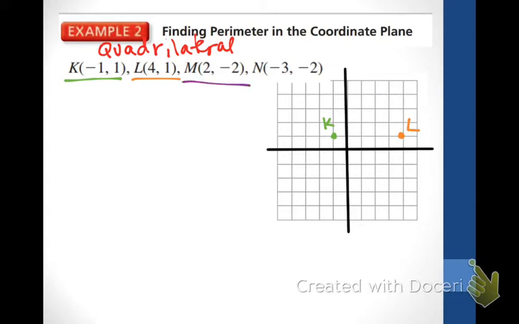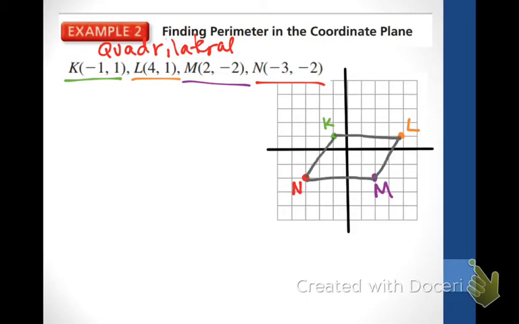M is 2, -2. And then the last, we've got -3, 1, 2, 3, -2. So we have a parallelogram.